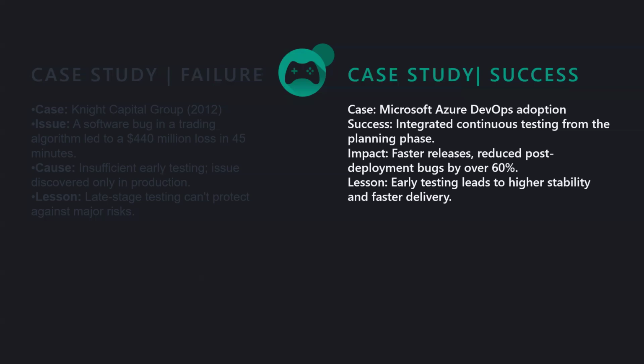Instead of waiting for testing to end, Microsoft teams write and run tests from the very beginning of each sprint. They use automation testing, CI/CD pipelines, and continuous feedback loops to make sure everything is checked early and often. The result was higher product quality, faster delivery cycles, and fewer production bugs.